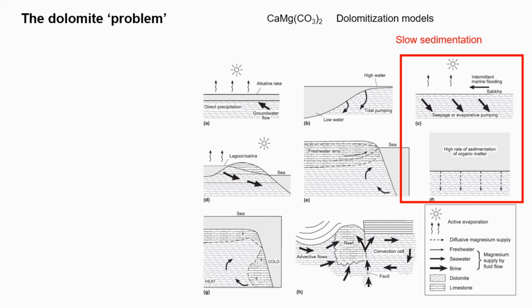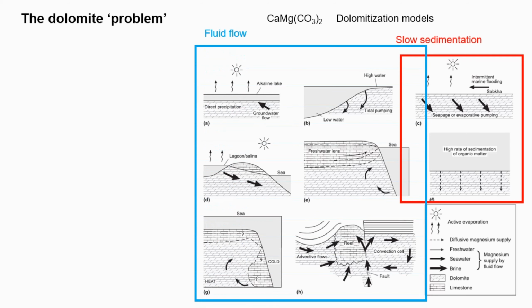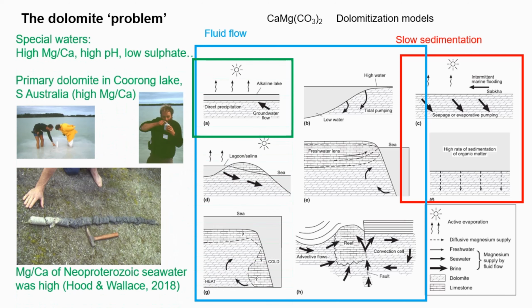Subsurface dolomite can also form over long time periods. Secondly, hydrodynamics. Moving fluids replenish the ingredients for dolomite formation. Thirdly, special water. More concentrated fluids supplied more ingredients. Sulfate reduction removes one of the key kinetic barriers. High magnesium to calcium ratio in solution is often the key factor.